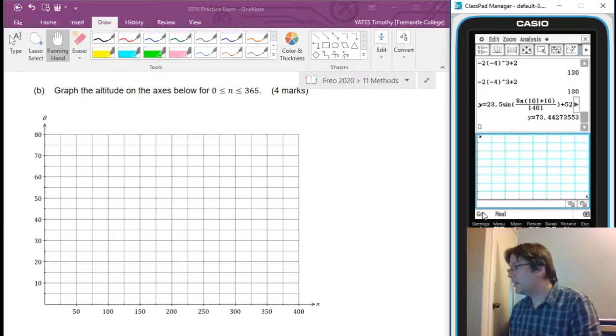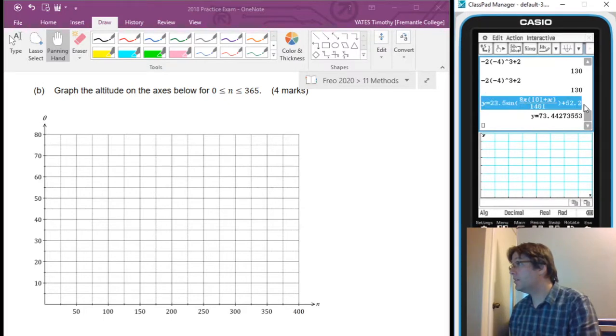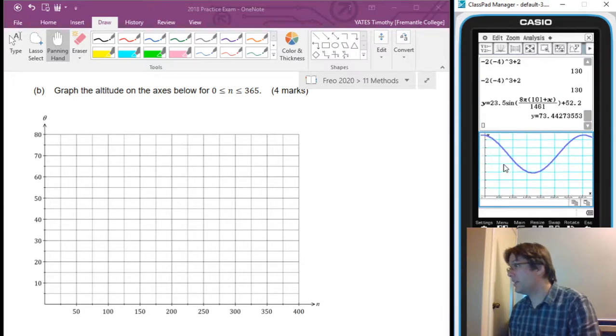Now we want this to be in radians because this one was in radians. Oh wait, yeah, that's right, we didn't put our N back in there. So we've got to put X back in there. Let's select this again. Yep, that's a bit more like what we expect it to look like.